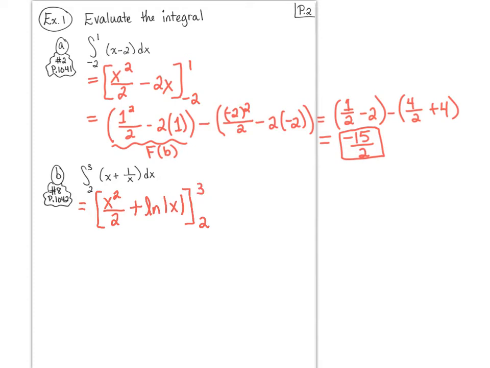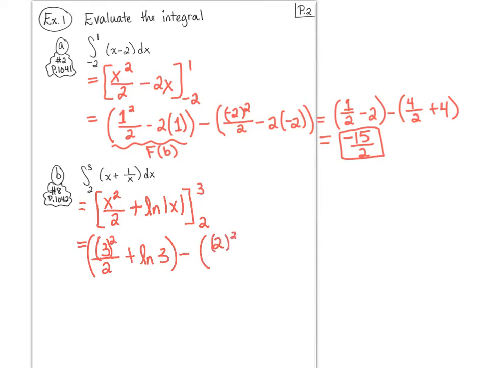So this would be equal to 3 squared, so we substitute in 3 first, divided by 2 plus the natural log of 3. Note that I got rid of the absolute values because the absolute value of 3 is 3. Minus, now we substitute in 2.